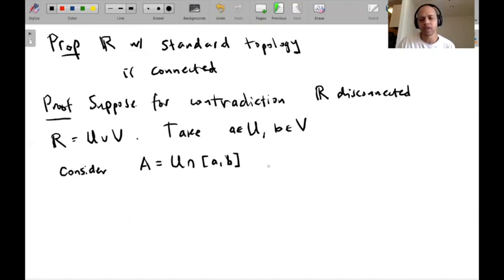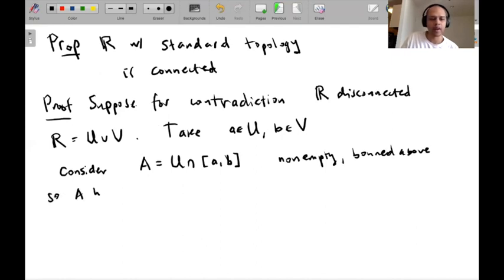This set A is non-empty, since the point a is in here, and it's bounded above. So A has a least upper bound. Let's call it Z.